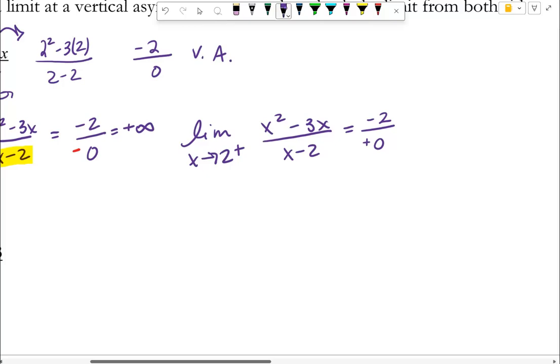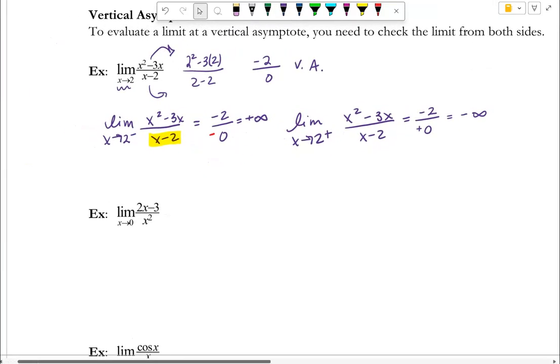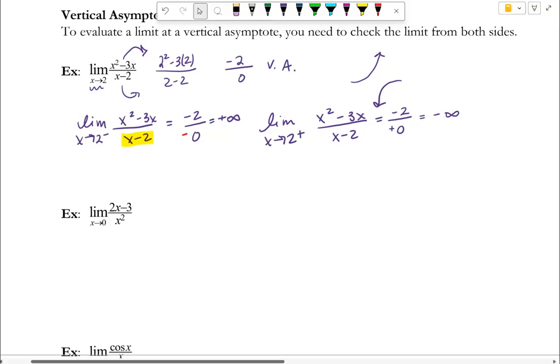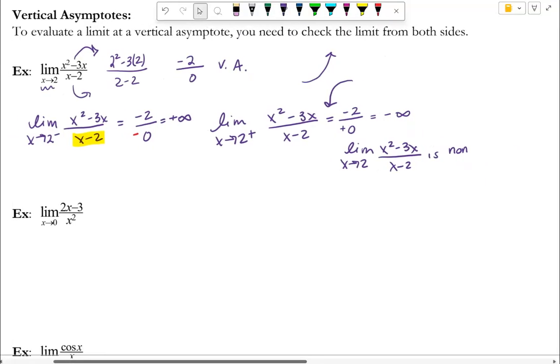When I divide a negative by a positive, that's going to yield a negative infinity. So from the left of 2, our function is going up to infinity. From the right of 2, we're going down. And all we can conclude about this limit is that it does not exist. So our limit as x approaches 2 of x squared minus 3x over x minus 2 does not exist.